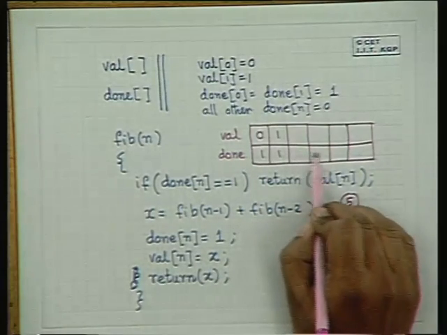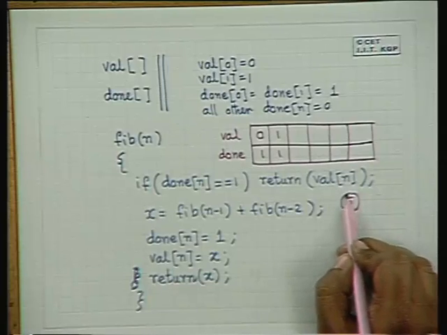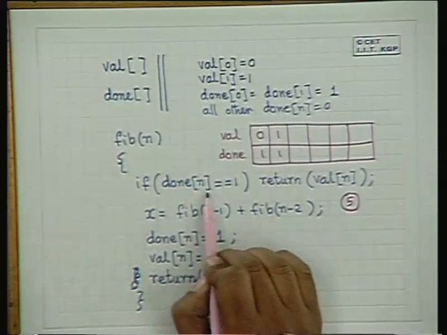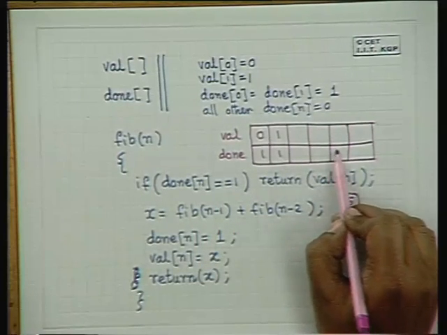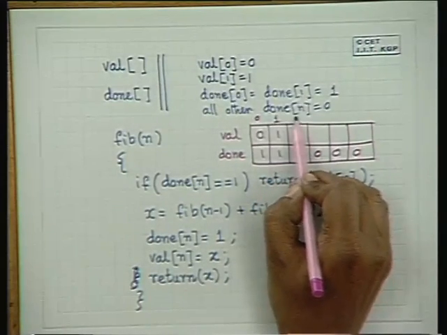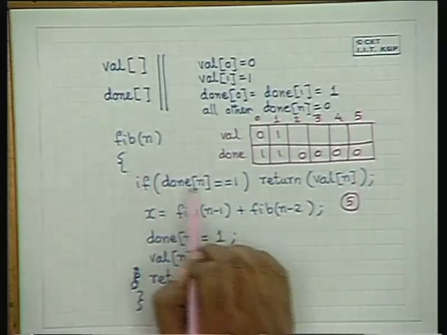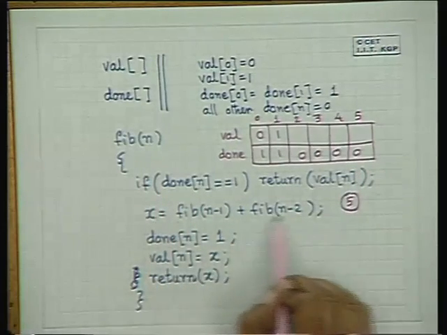It will start like this, all these will be 0. So to solve 5, you will see, is it done? No. This is the array index 0, 1, 2, 3, 4, 5. Done 5 is true? No. So you will call this.